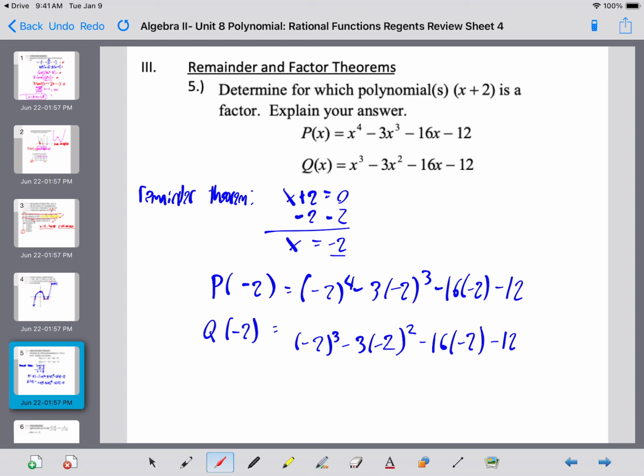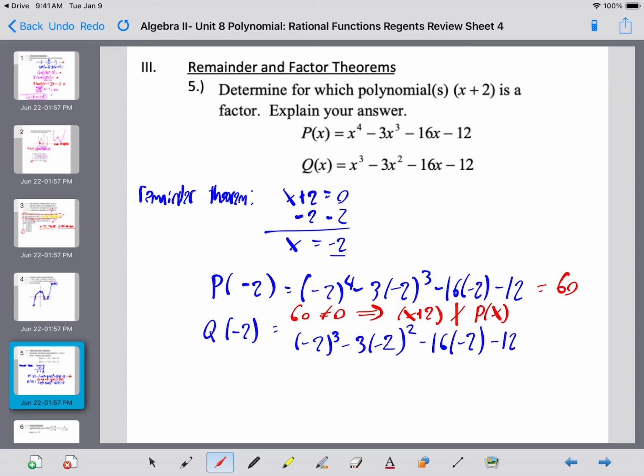I end up getting 60, so the remainder is 60. So 60 is not equal to 0. So if it has a remainder that exists, then that means it's not a factor. So x plus 2 is not a factor or is not a divisor of p of x.